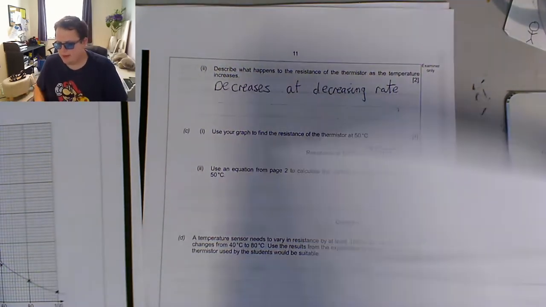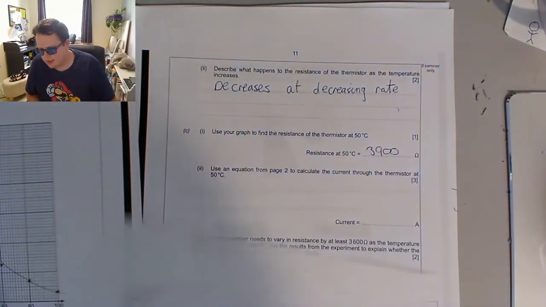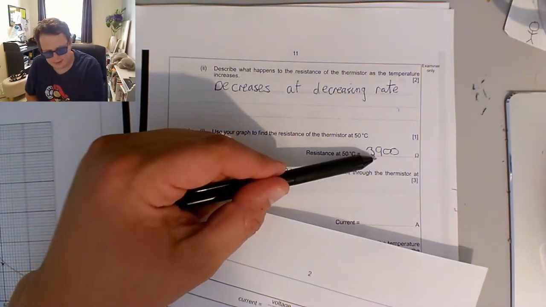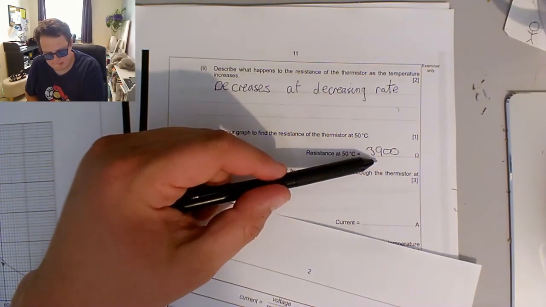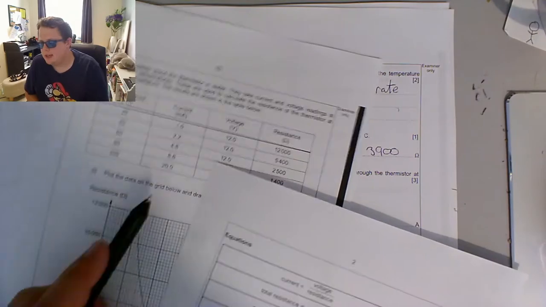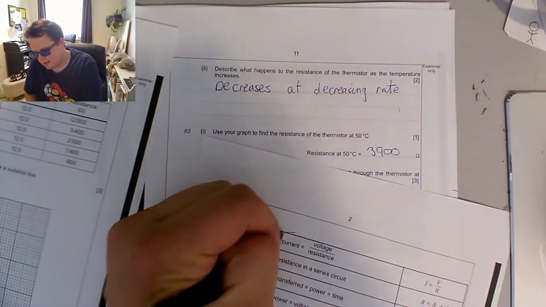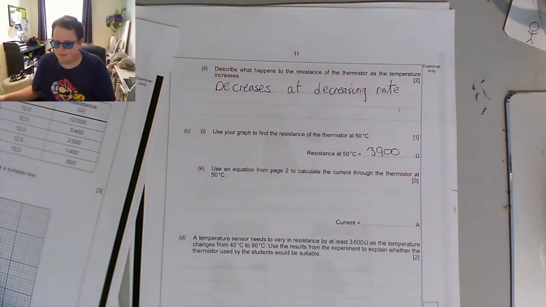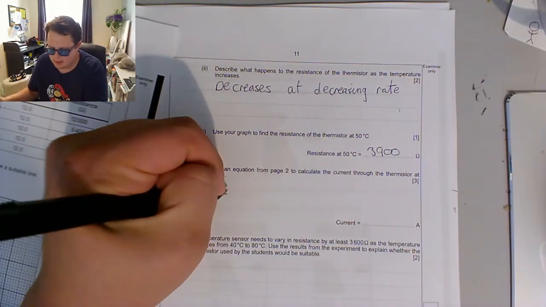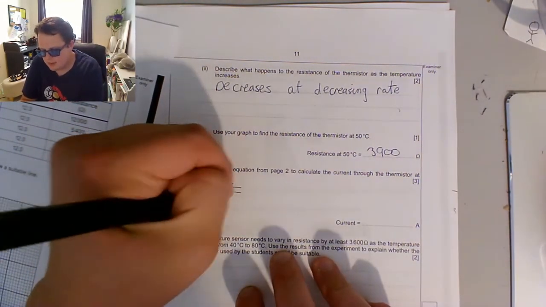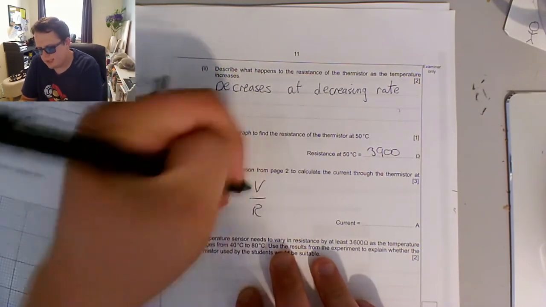Use an equation from page 2 to calculate the current. So I've got resistance and voltage is here. So I've got resistance, I've got voltage. I want to find current. So it's this equation at the top. So current, or I, is voltage divided by resistance.